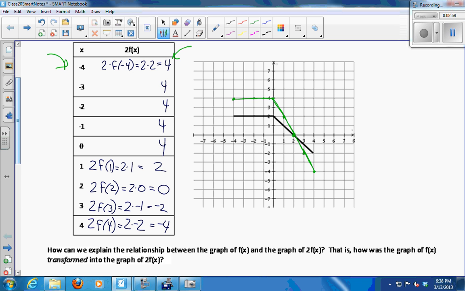So there's my new graph. This one, my green one, is y equals 2 times f of x. And the one in black is just y equals f of x.